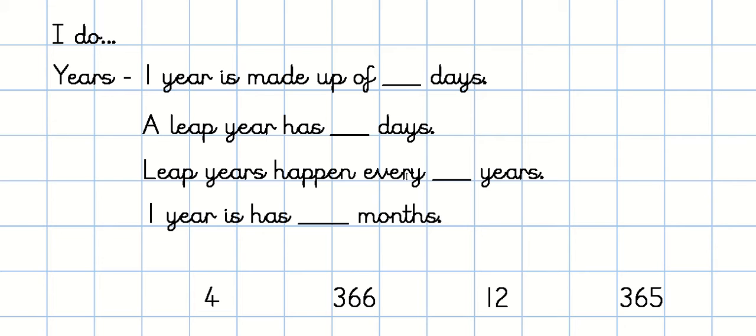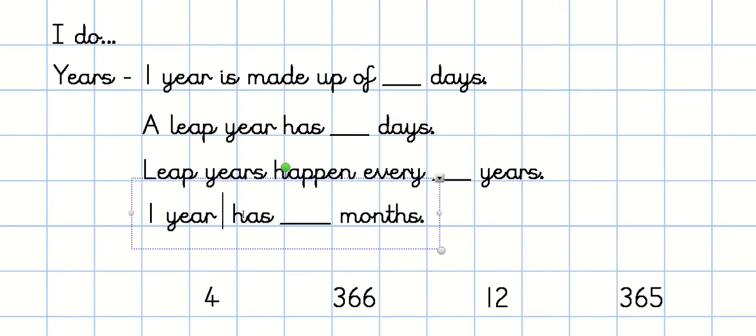Leap years happen every how many years? And 1 year has so many months. So again, we need to fill in the numbers correctly and make the statements true. I'm going to give you 1 minute now, pause the video and try and fill in the statements correctly, and then we'll go through them.